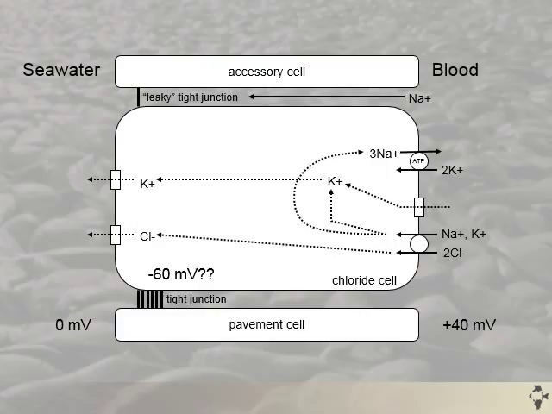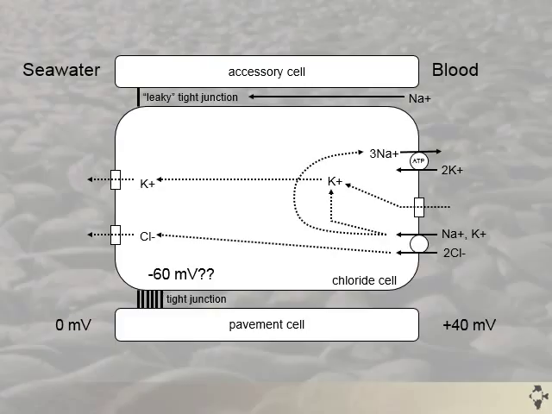Okay, so these are going to be higher in the environment than they are in the fish, so the fish will have to continuously export those ions to maintain their proper osmolality. Okay, so this is the primary function of the chloride cell, to be an extrusion mechanism for that elimination of excess sodium and chloride.